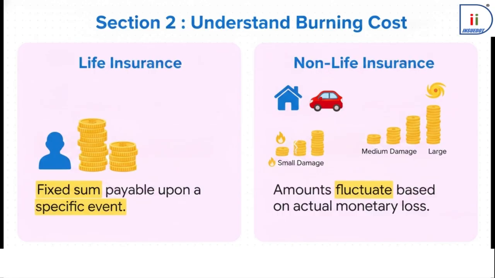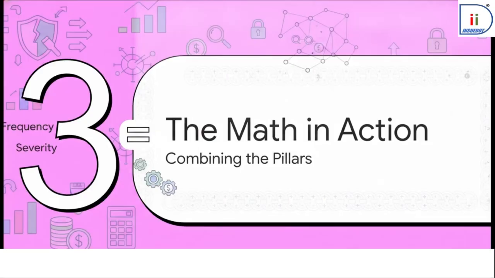That means the payout equals the actual monetary loss sustained, which means it fluctuates. So one claim might be a total loss where the whole sum insured is paid out, but the very next claim might just be a minor partial loss minus depreciation and deductibles. Because those loss sizes fluctuate so wildly from case to case, in non-life insurance, an average loss amount has to be nailed down. And that, my friends, is our severity.